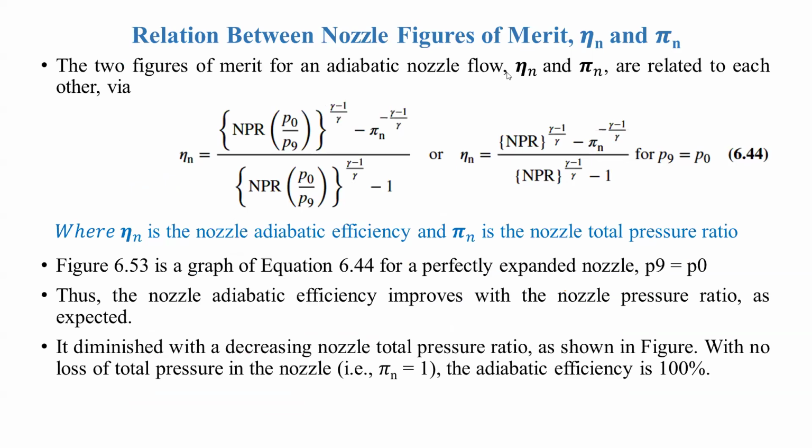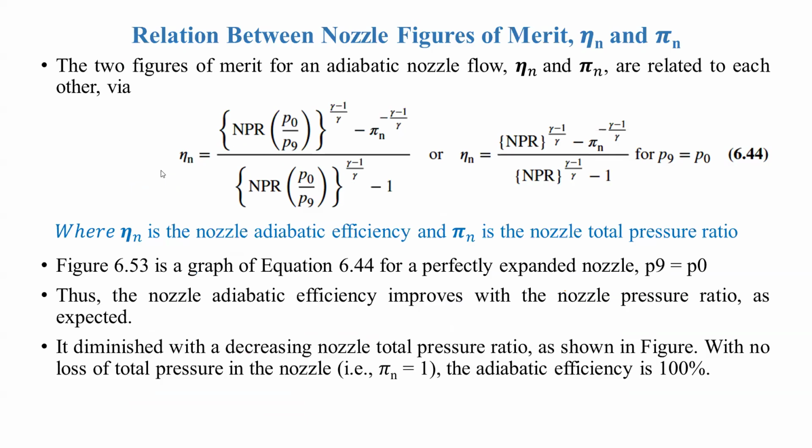So pi n and mu n are the two important figures of merit of the adiabatic nozzle. For the optimally expanded condition, P9 is equal to P naught, we can relate those parameters with nozzle pressure ratios.